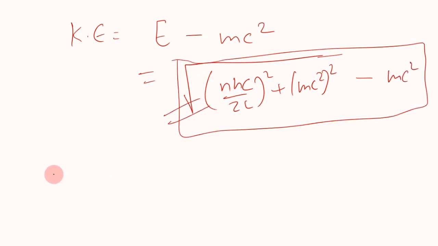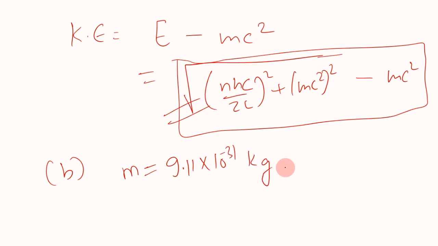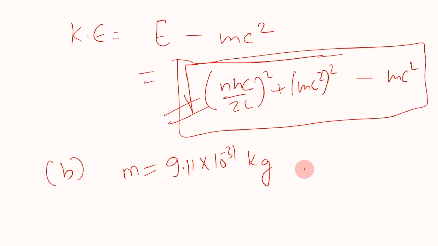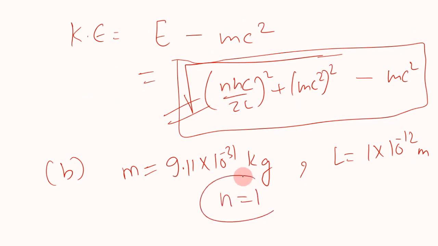Now for the B part, we are given that the particle is an electron, so we take m as this, and we are given the length is 1 into 10 to the power minus 12. Find the lowest possible kinetic energy. For the lowest possible kinetic energy, from the expression you can see that n is the variable, so n should be taken as 1.